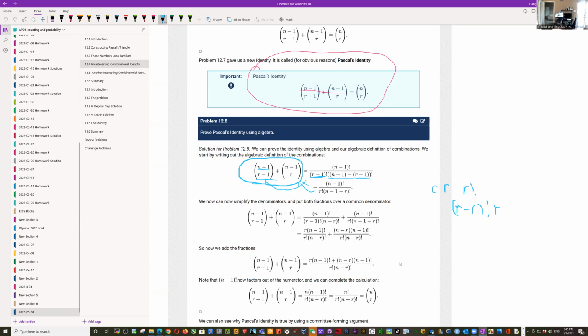And then here, it cancels one side first, because it's trying to cancel all the way.